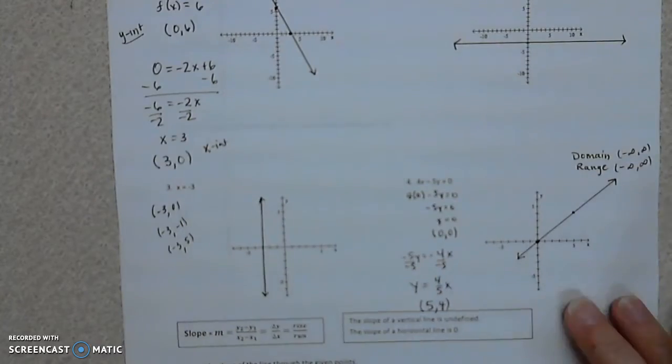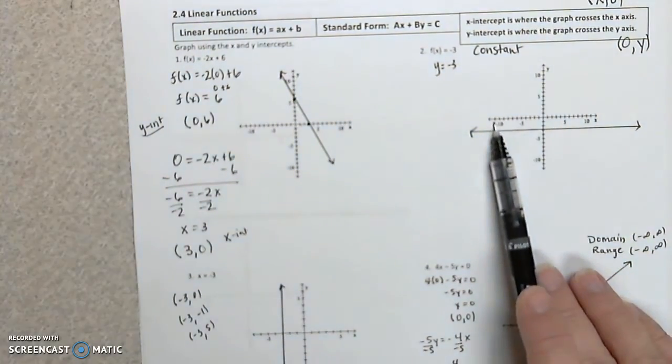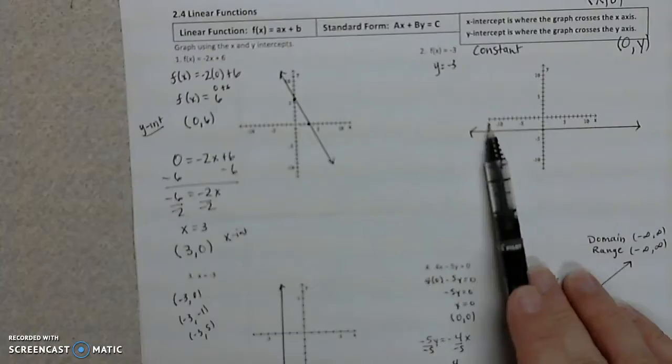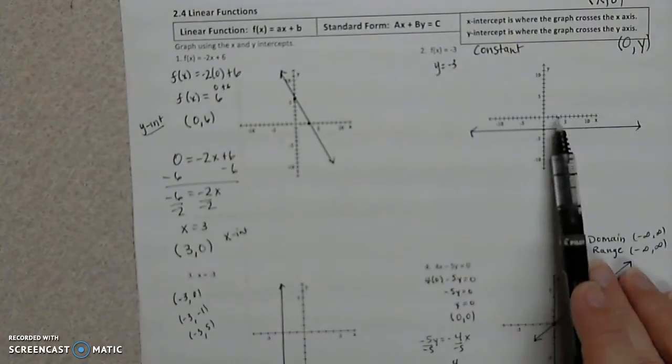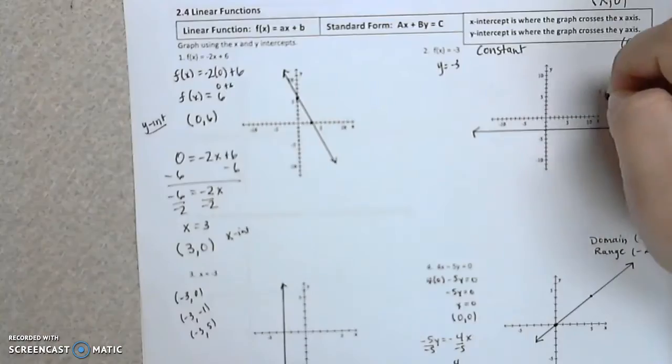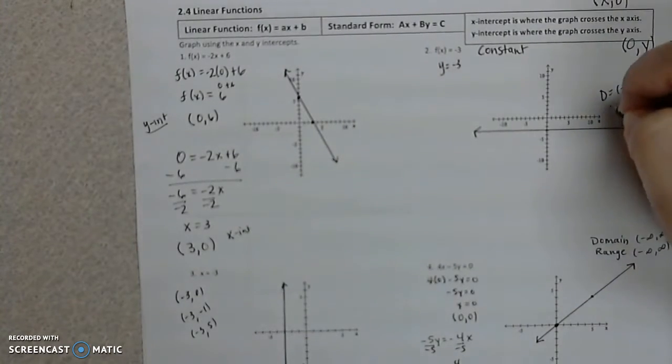range. If it's the constants, notice that your domain for this one, the f of x equals a constant, the domain is all of the x values. So the domain would be negative infinity to positive infinity.